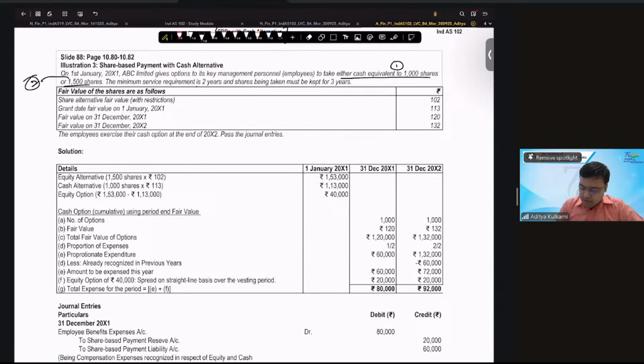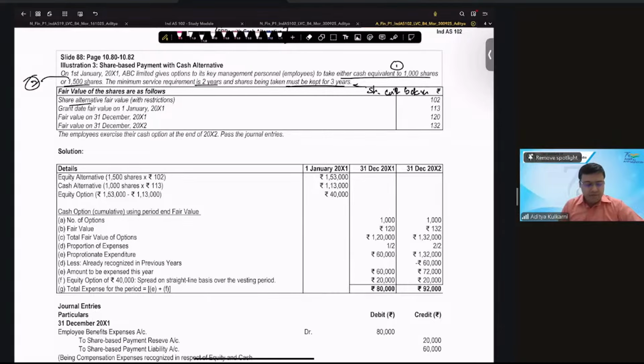Minimum service requirement is 2 years. This is your vesting condition. Shares being taken must be kept for 3 years. This is the lock-in period. Fair value of the shares are as follows.